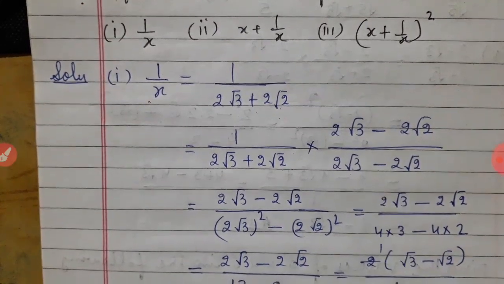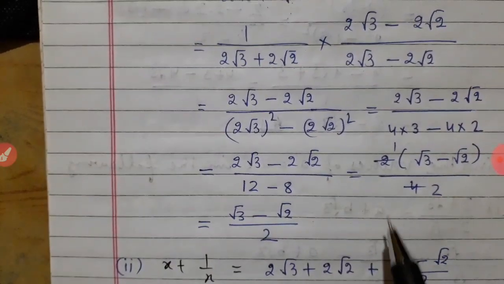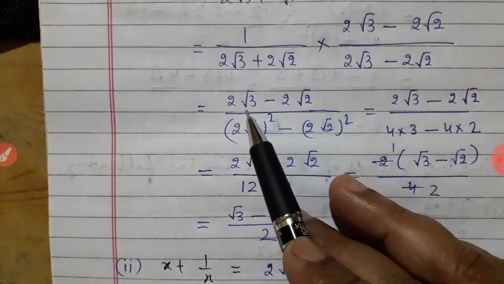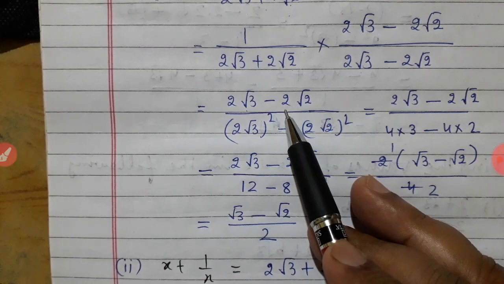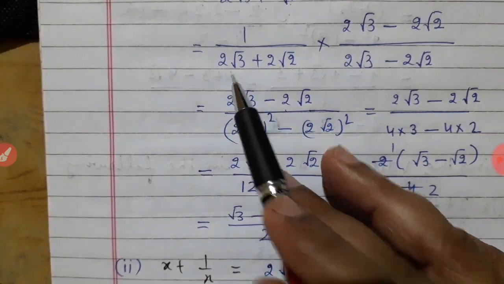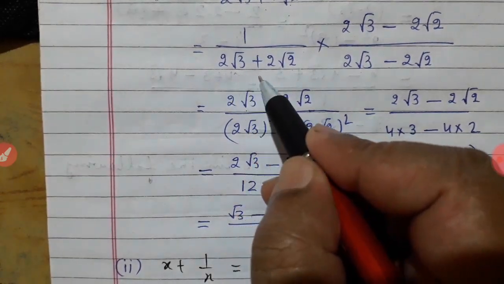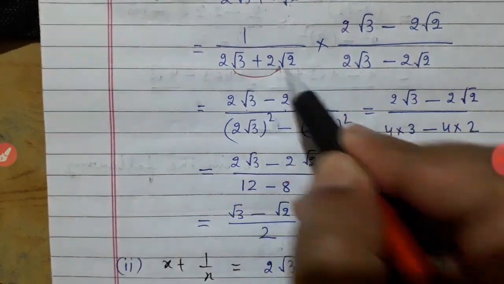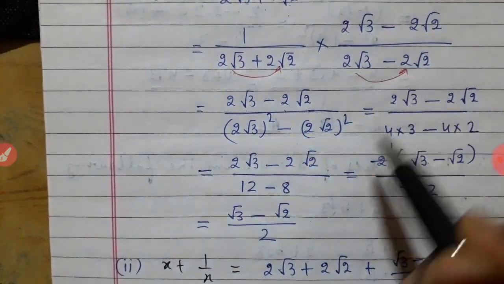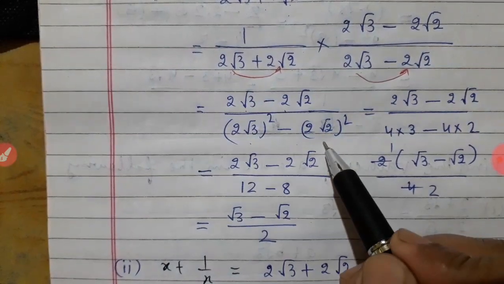Okay, so now on simplification we are getting 2 root 3 minus 2 root 2, and then here you see this is a plus b, this is a plus b, and this is a minus b. So we apply the formula a square minus b square.